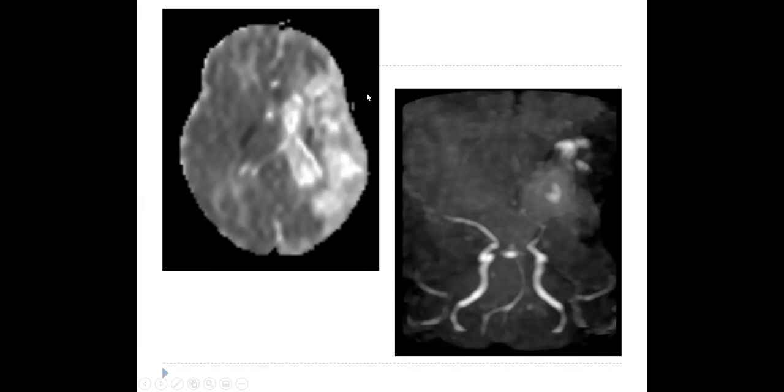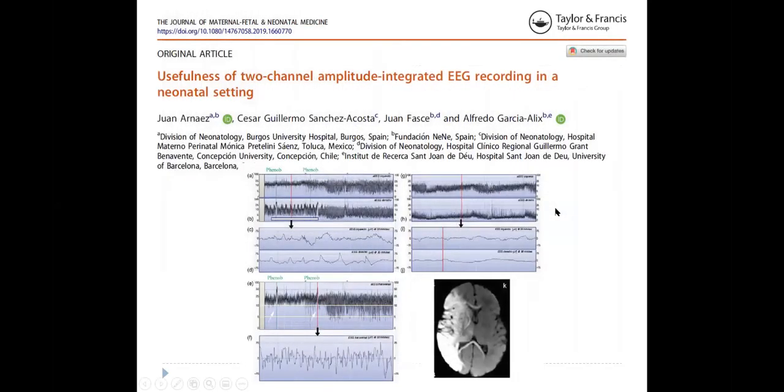It's a very typical image of a perinatal stroke due to thrombosis of the middle cerebral artery. Okay, this is the angioresonance. It is very typical. And this is one paper that we published in the Journal of Maternal and Fetal Medicine.